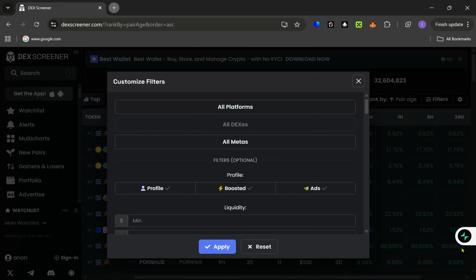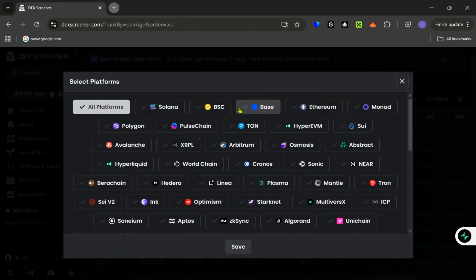So I will click on these platforms, and then I will choose Solana. Let me click on this. Yeah, so I will say only Solana. I think it is double clicking.